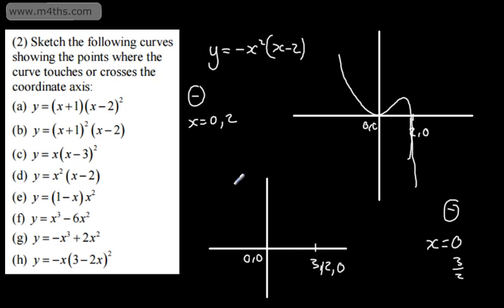It's negative, and what we'll do is come through. It will come through the origin like so, and then it will come back round, and it will touch this point right here, and then it will turn back down like so, again going off the tablet. That's what we would have. So that one, nice and straightforward, and that is what it will look like. So there we go, that's sketching cubic equations.